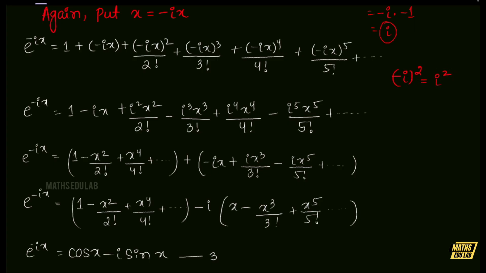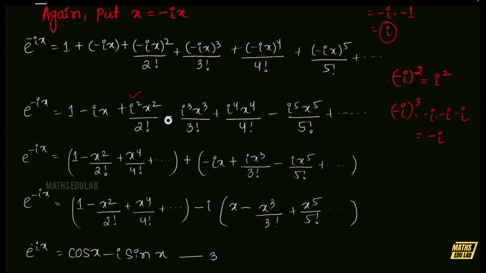So we get i square x square upon 2 factorial, and then minus. Similarly for minus i to the power of 3, if you multiply minus i into minus i into minus i, we get minus i only.